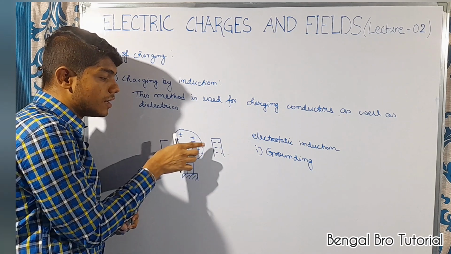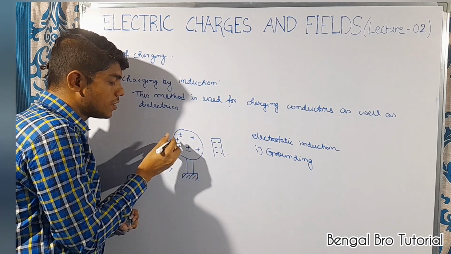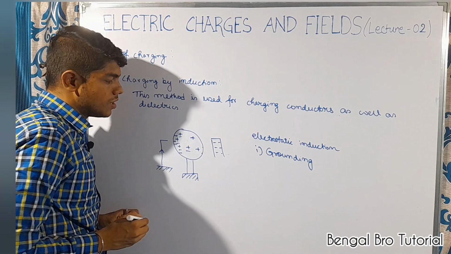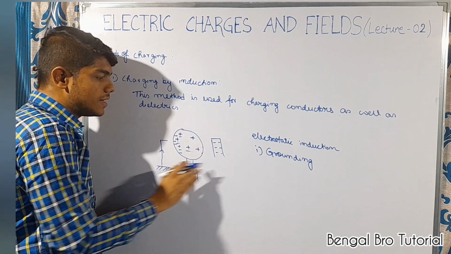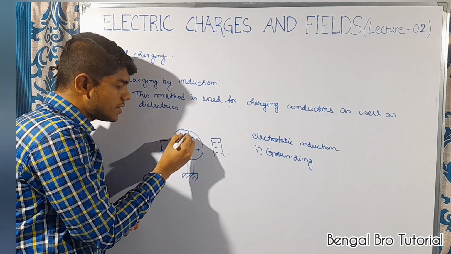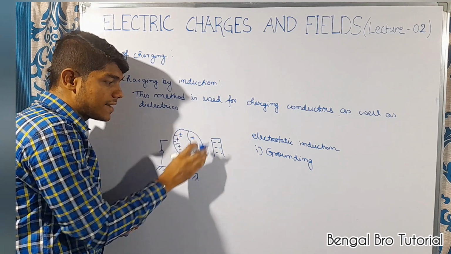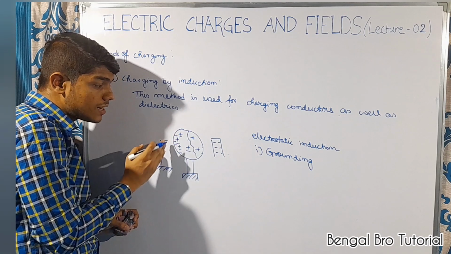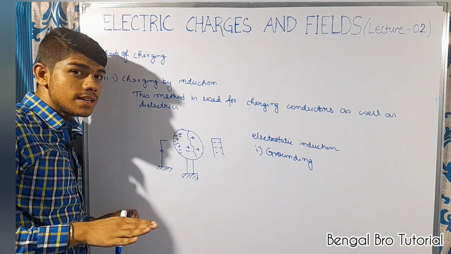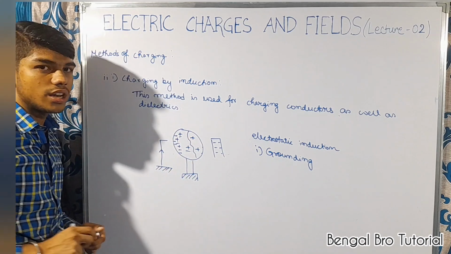By repelling electrons that are near this surface. So these electrons will get repelled towards the other end. Okay, so we can see that in this sphere two regions have been created. This region which is near this charged body has positive charge, and the other side has an excess of negative charge, but still the net charge in this body is neutral.